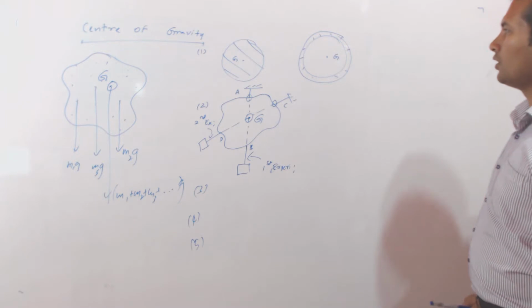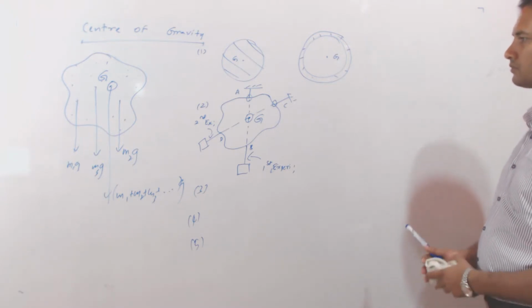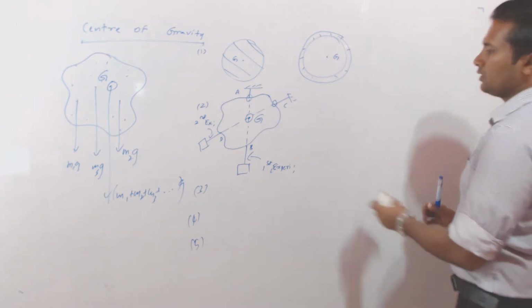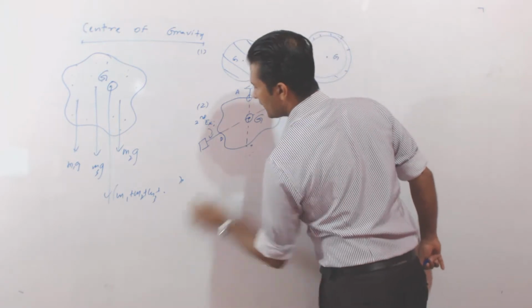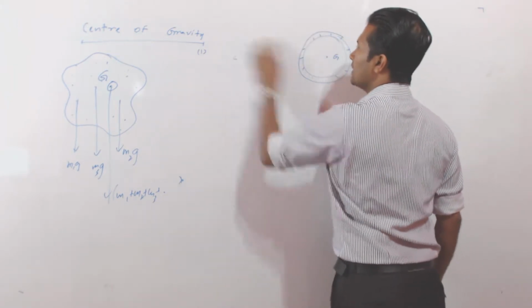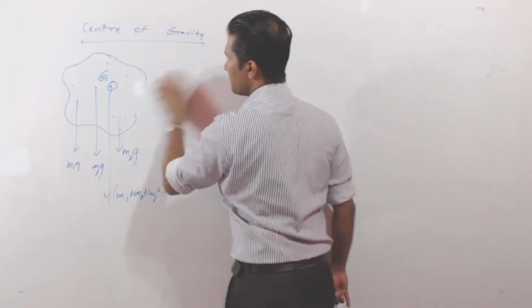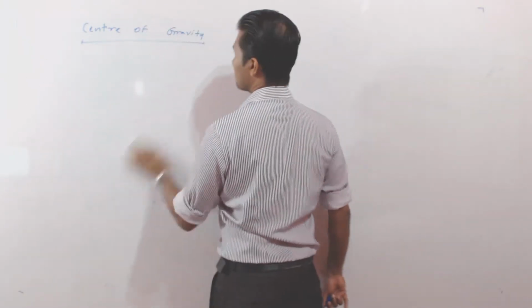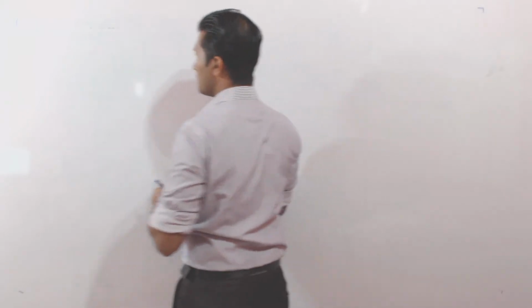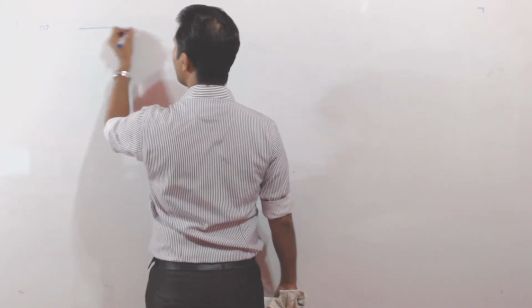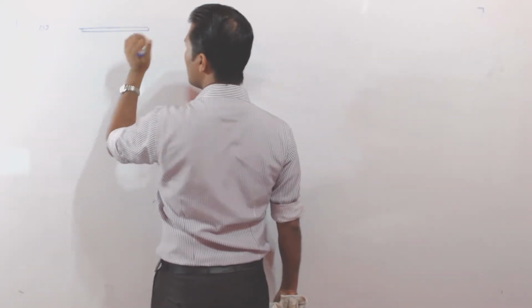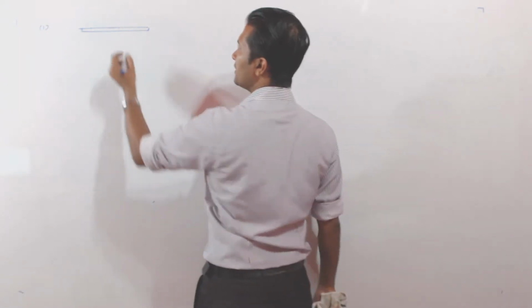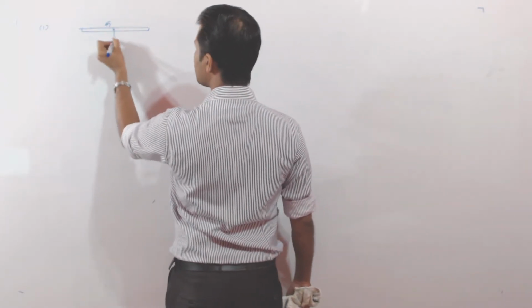Okay, so now we can consider the location of the center of gravity of uniform objects. The very first one is a uniform rod. The center of gravity should be at the center.